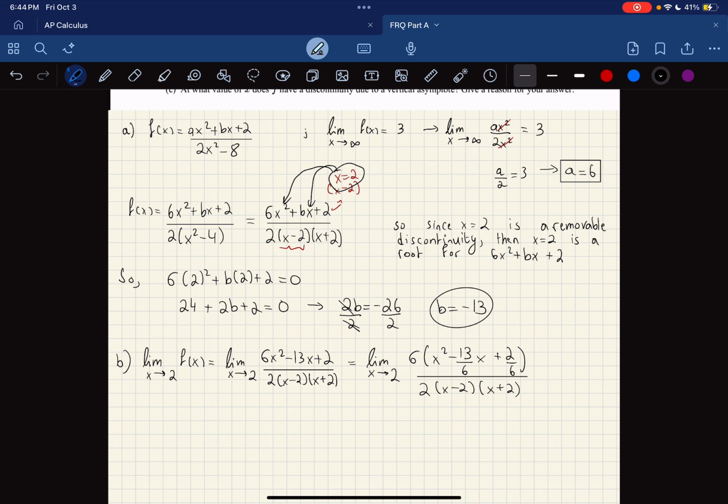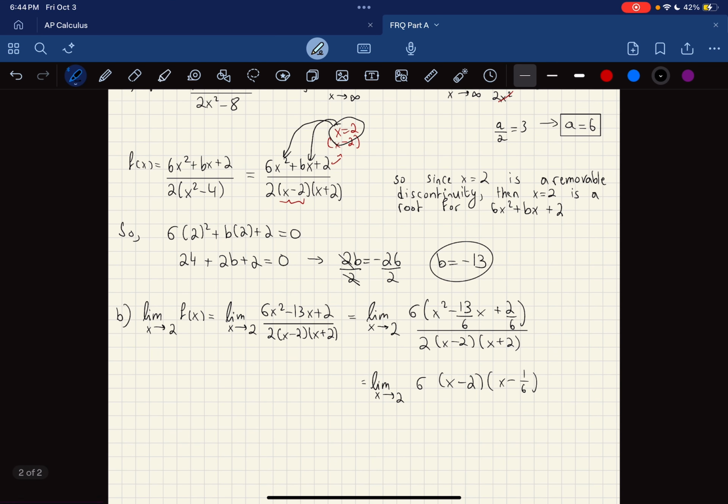Calculate. We get that x is equal to 2, or x is equal to 1 over 6. So the limit as x is going to 2 of 6 times (x minus 2)(x minus 1 over 6), all of it over 2(x minus 2)(x plus 2).